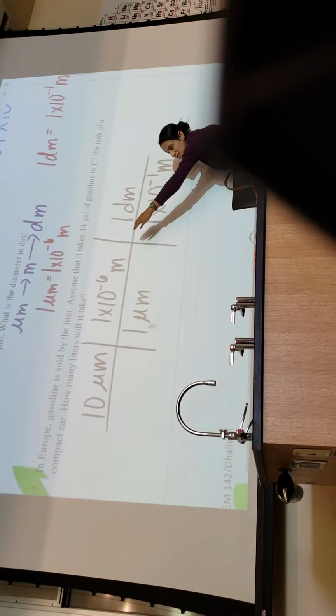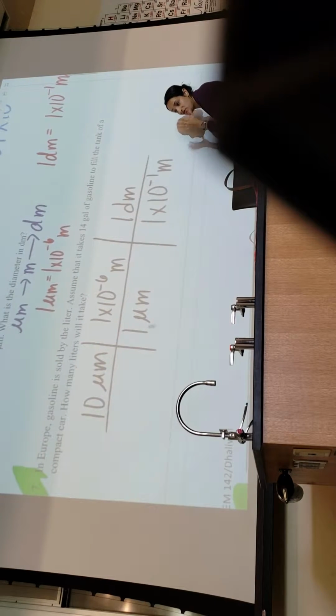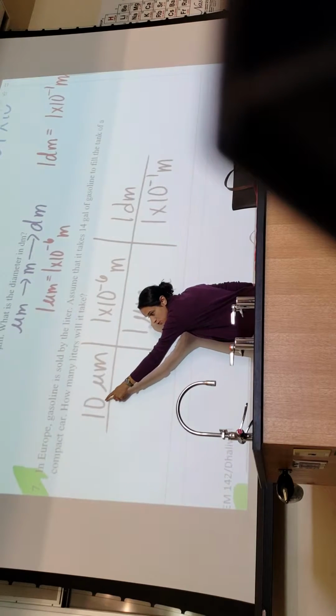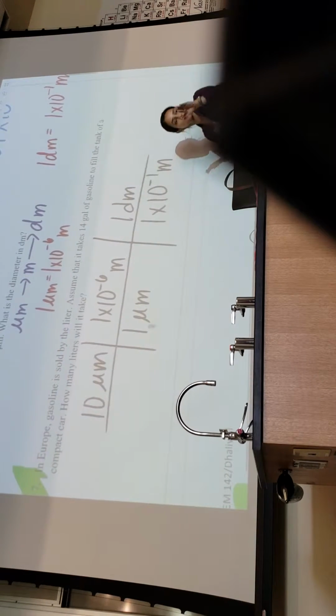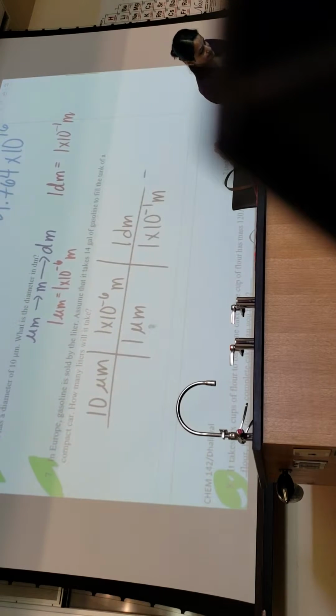So it's going to be 10 to the what? -5, right? So -5, I would just have to move the decimal place to the left 5 times. So here I have it, or let me write it here. I have 10, I'm going to move it 1, 2, 3, 4, 5.